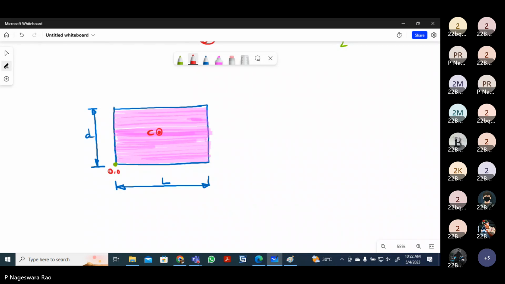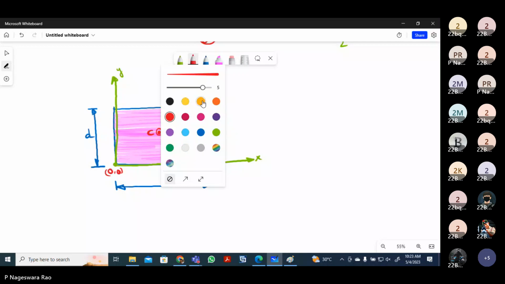Origin means x coordinate is 0 and y coordinate is also 0, because the axes start from here. Now draw the x-axis, and draw the y-axis.